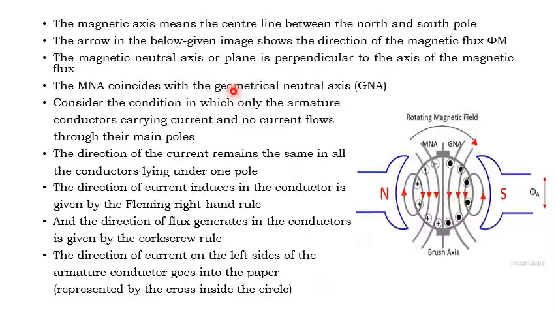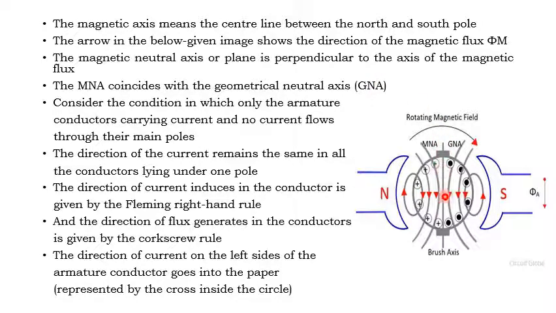This MNA is perpendicular to the magnetic flux, and the MNA and GNA coincide with each other. GNA means geometrical neutral axis and MNA means magnetic neutral axis.